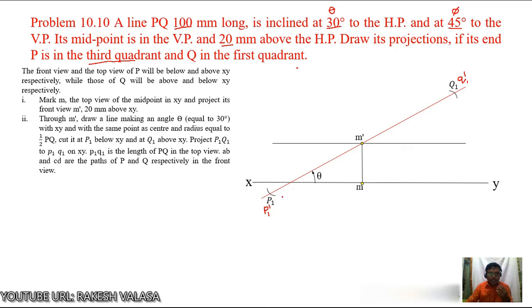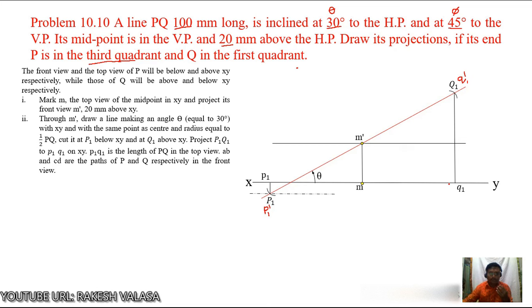Next, draw the projectors from P1 dash to XY and Q1 dash to XY. This is P1, this is Q1. Here P1Q1 is the length of the top view. Here P1 dash Q1 dash is the initial front view and P1Q1 is the length of the top view.